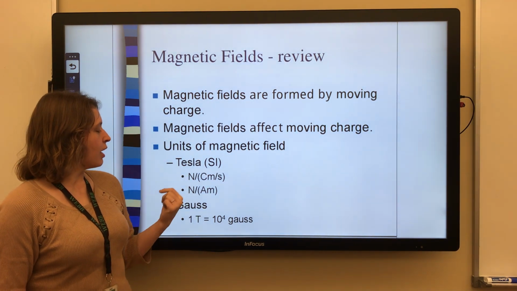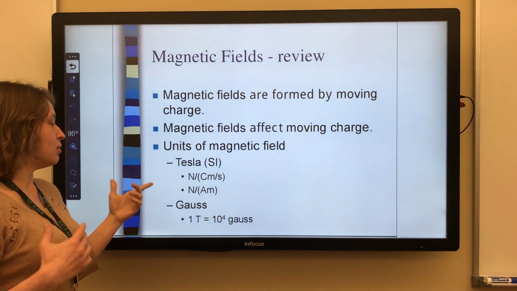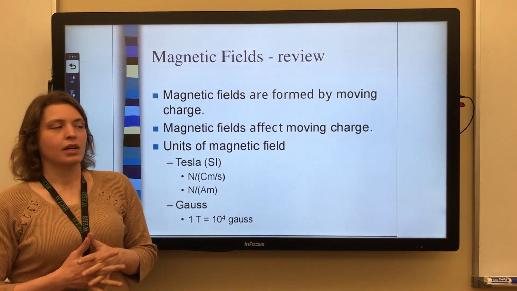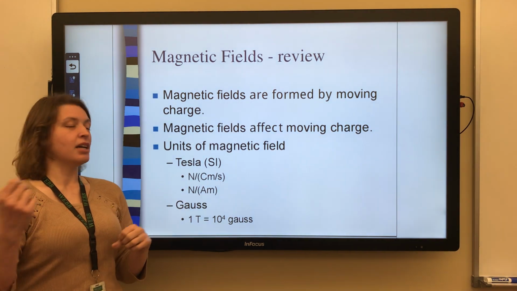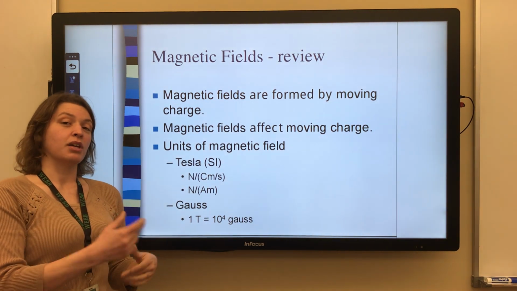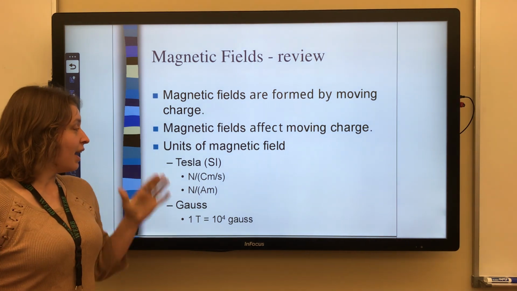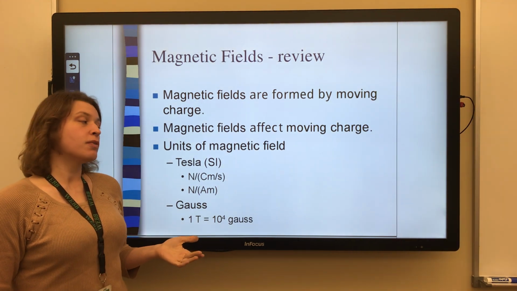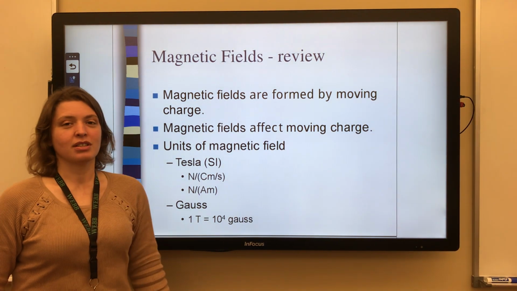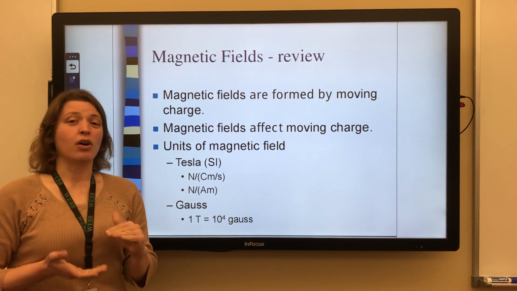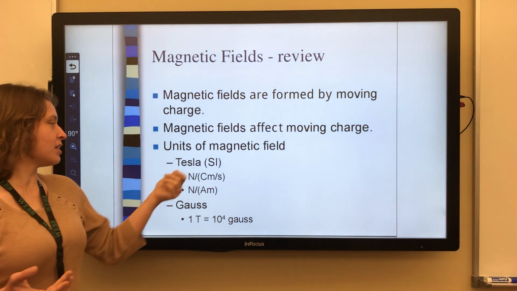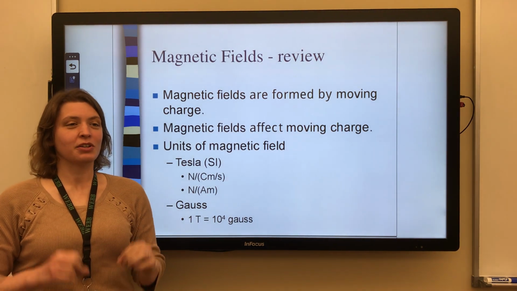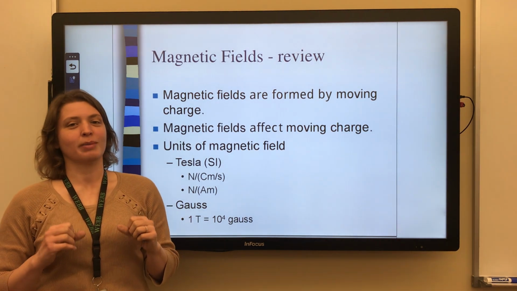Also, we could consider that a Newton per amp meter. Again, we're going to talk about these units and where they come from and how, say, amps and Newtons relate back to Tesla soon. Another common unit we use for measuring magnetic field is the Gauss. A Gauss is a smaller scale measure of magnetic field, which is probably good because a 1 Tesla magnetic field is actually a ridiculously strong magnetic field.